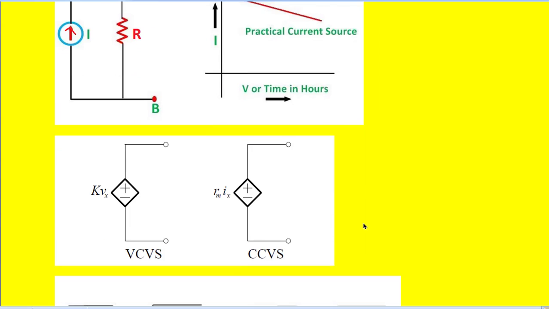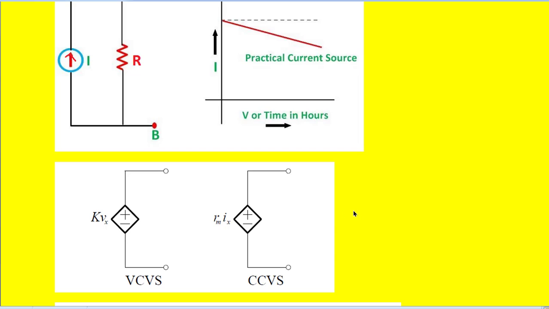Next, coming to the dependent voltage sources. Dependent sources are represented with a symbol called a diamond. For a dependent voltage source, we put the plus here and the negative here, meaning the polarity is also shown.